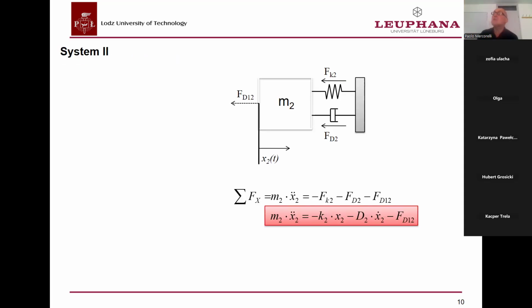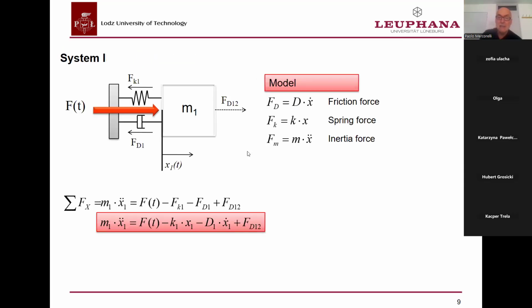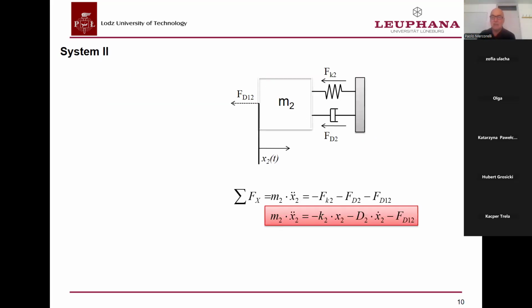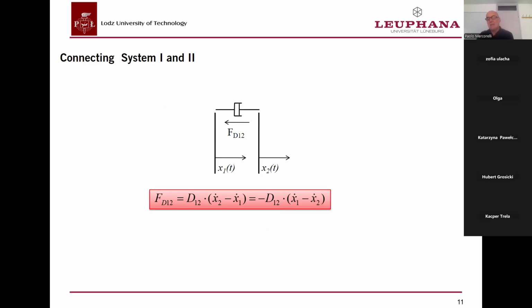Now, the unknown thing which must be defined is exactly this Fd12. We can see this minus Fd12, excuse me, here plus Fd12, equal but opposite. Probably you remember this concept in the lecture of physics. Let me go ahead because it's not exactly a lecture in physics, but we can understand what I intend. Here is a little bit the idea to characterize this force which is equal but opposite.